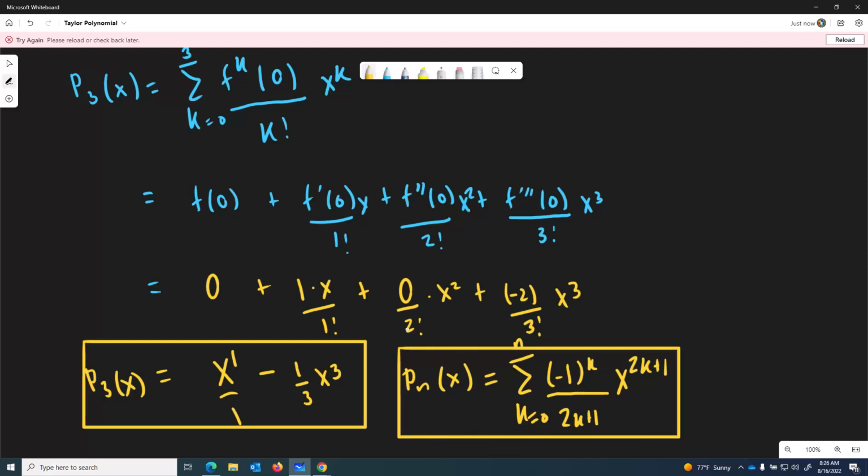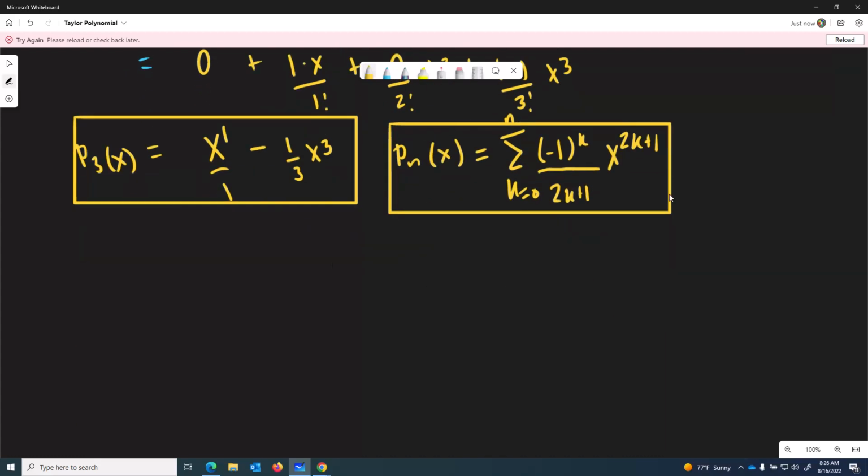Okay, so this is actually kind of useful if you were trying to estimate a specific value of arctangent. For example, let's say that you wanted to estimate arctangent inverse of 1. Well, I essentially know that the exact value of this is pi over 4.